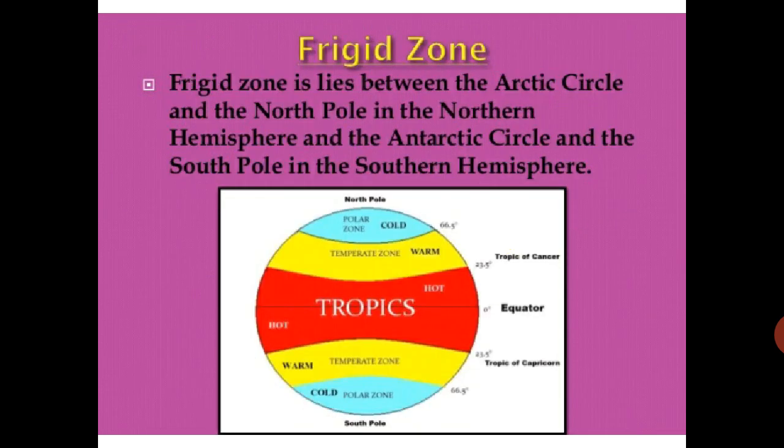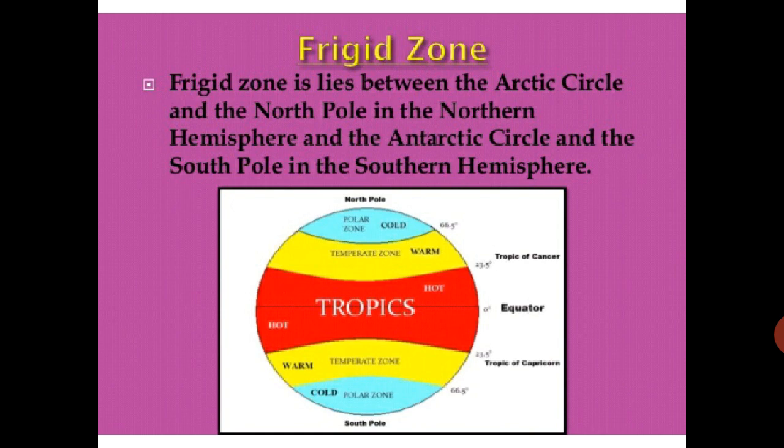Now, frigid zone. Frigid zone lies between the Arctic Circle and the North Pole. See, the North Pole is there, and this is the Arctic Circle. Whatever zone is between them is known as the frigid zone.